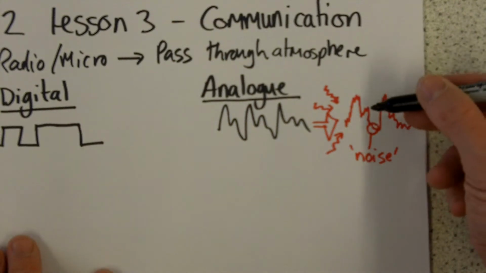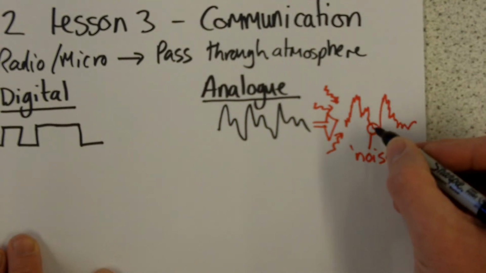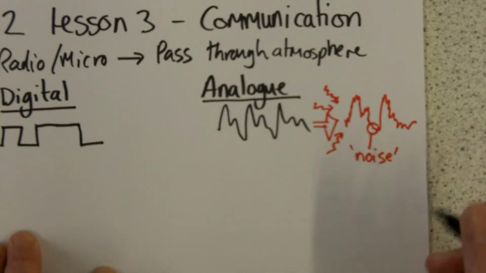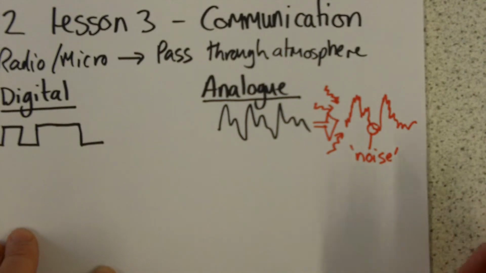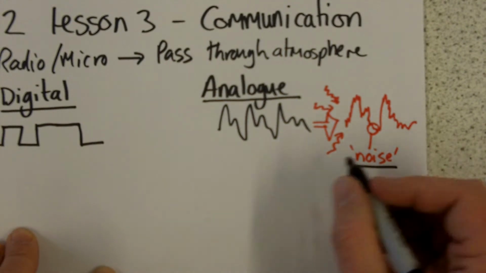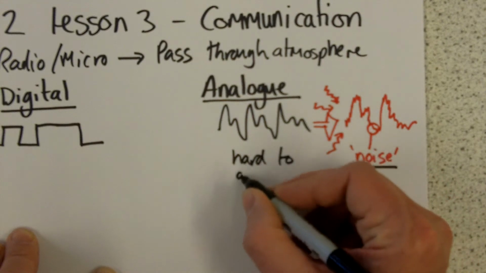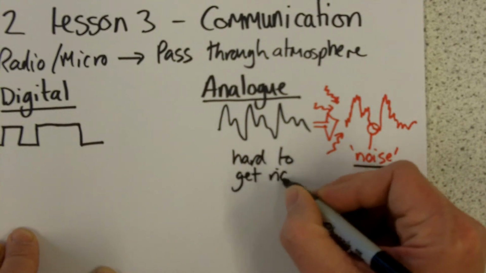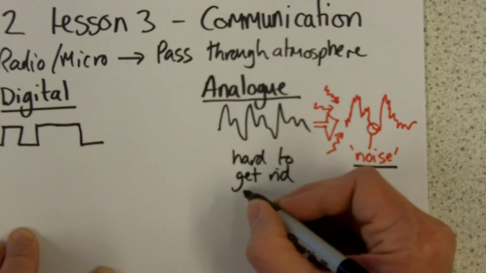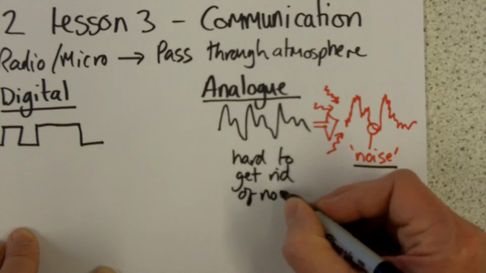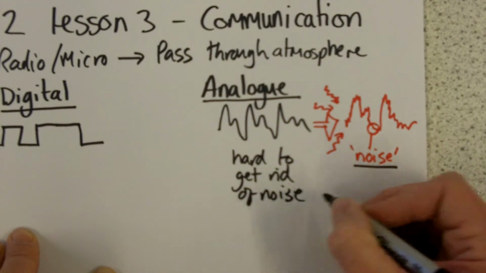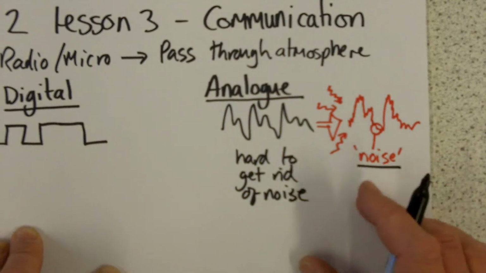Because it's such random nature, I don't know particularly if that little bit of extra information on there is noise or whether it's part of the original signal. So in an analog signal, noise is very difficult to get rid of. In fact, it's impossible. All you can do is amplify the signal to make it bigger, but it's still just as noisy because you amplify the noise.